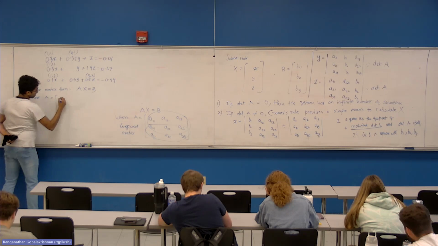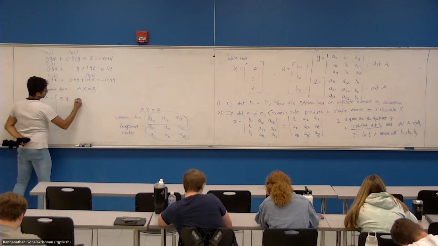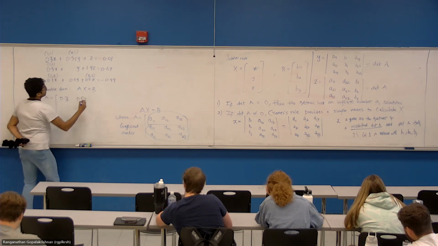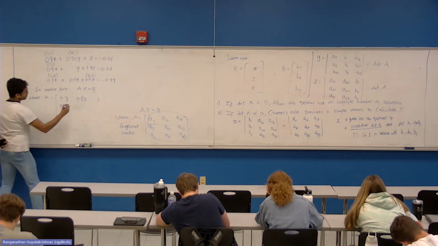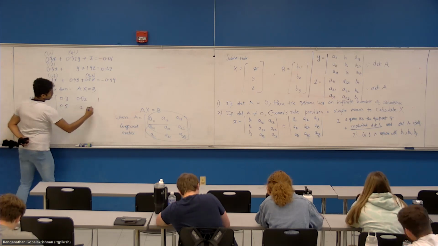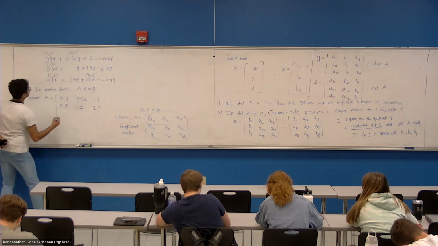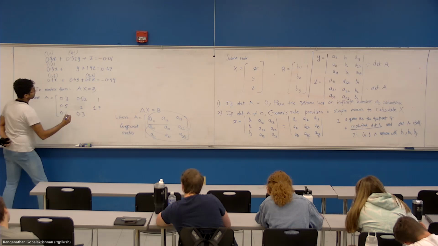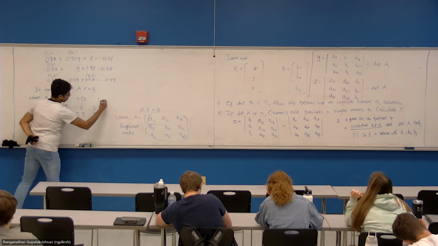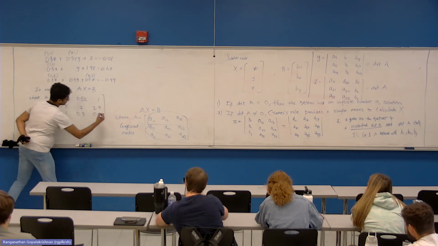So this is 0.3. It's a really simple method. All you have to do is be methodical about it. This is the matrix.